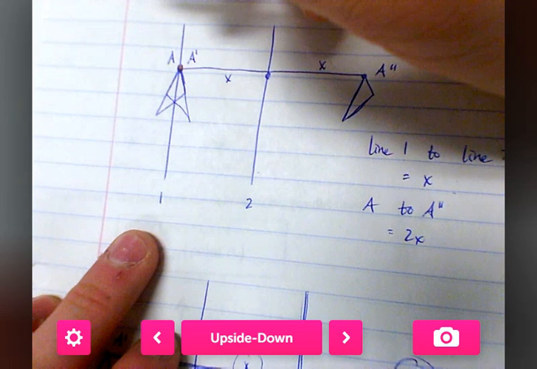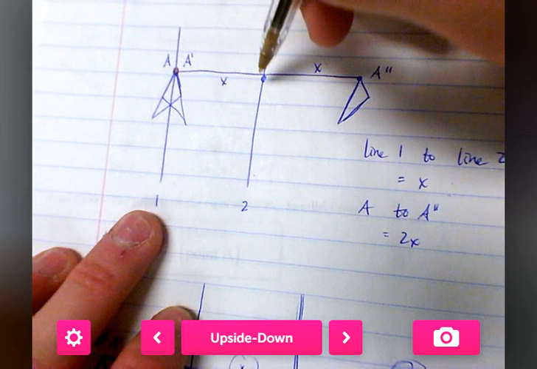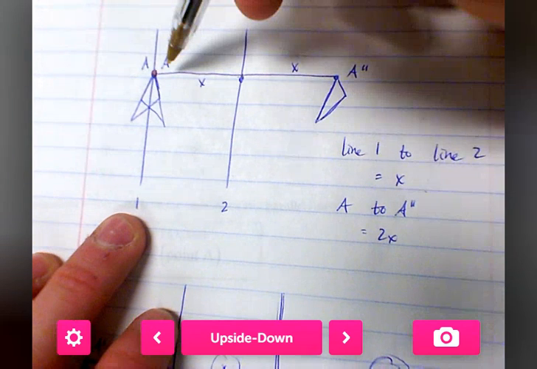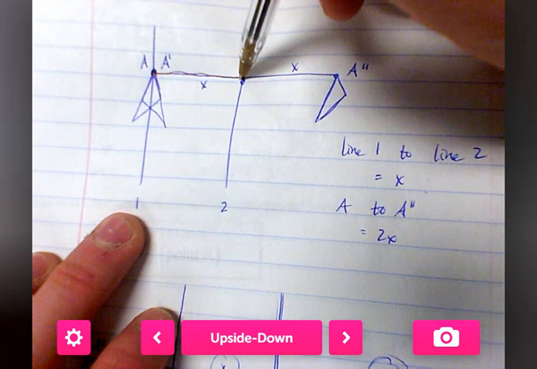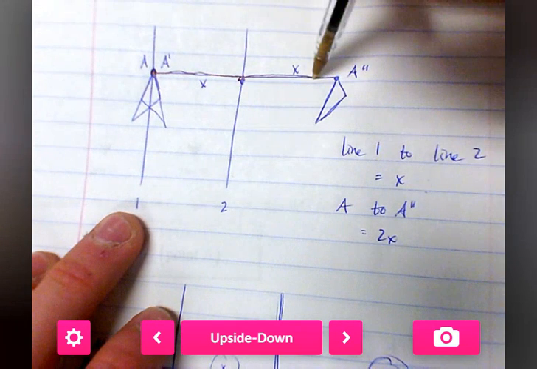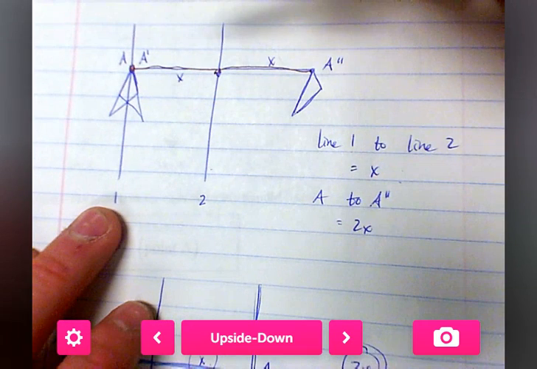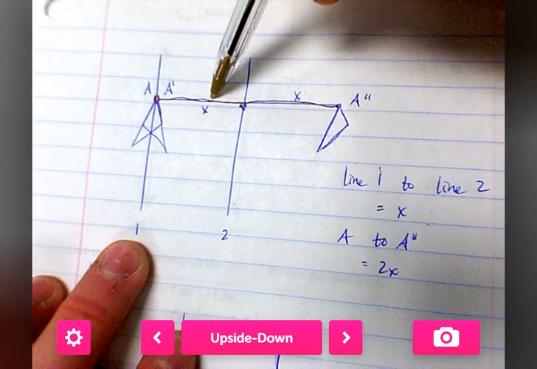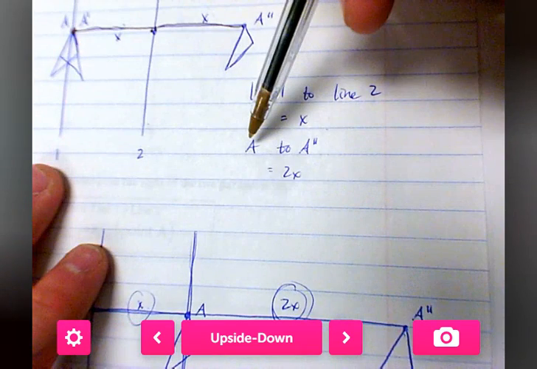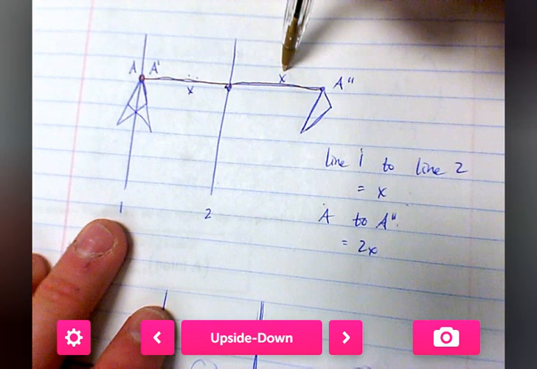So then I have to reflect over this line, line 2. I'm going to say we go x distance this way to the line. Then we go x distance past the line. So the distance from line 1 to line 2 is x. And the distance from A to A double prime is x plus x, or 2x.